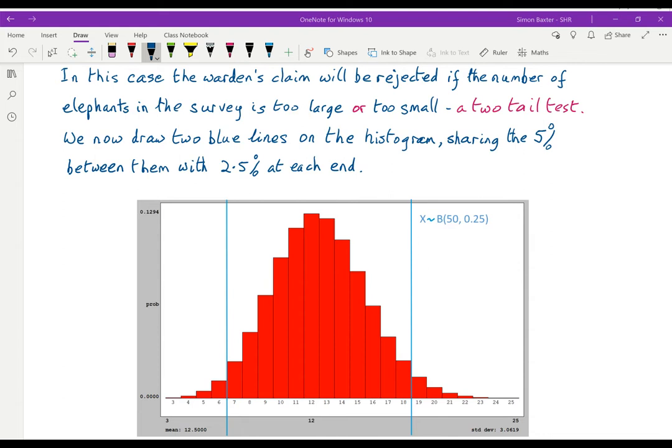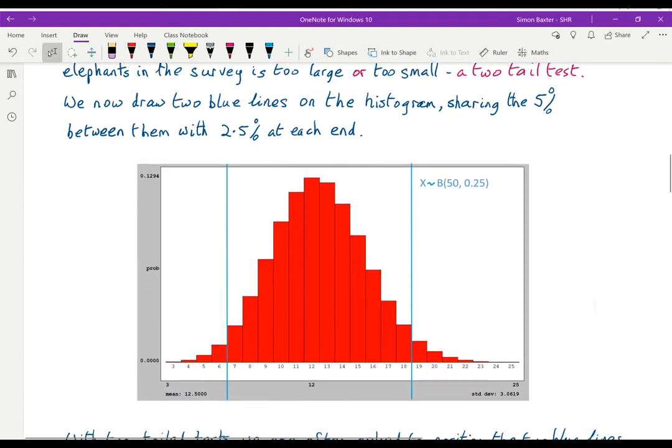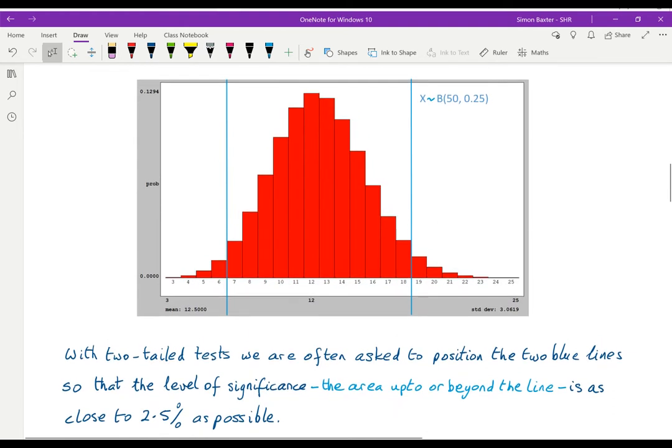And very often when we have 5% shared between two tails, we are asked to take the closest value to 2.5% at each end. So that the area up to the blue line is the one which is closest to 2.5% at this end, and the area beyond the blue line is the one which is the closest to 2.5% at that end.